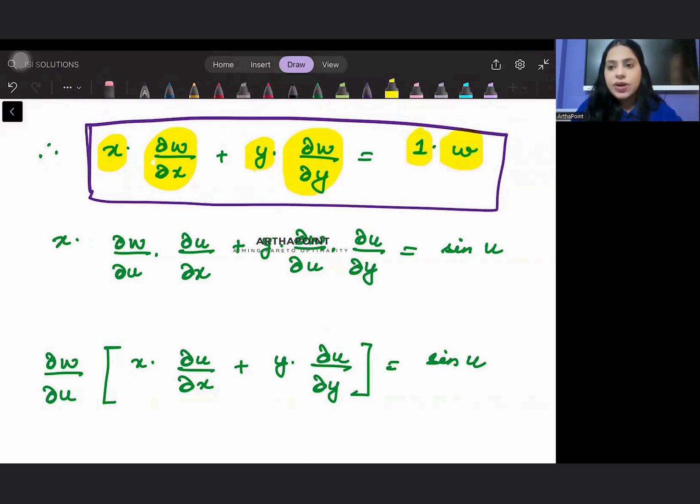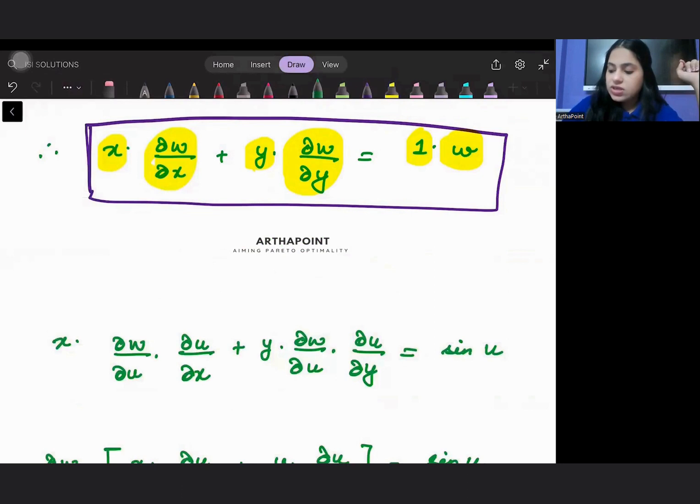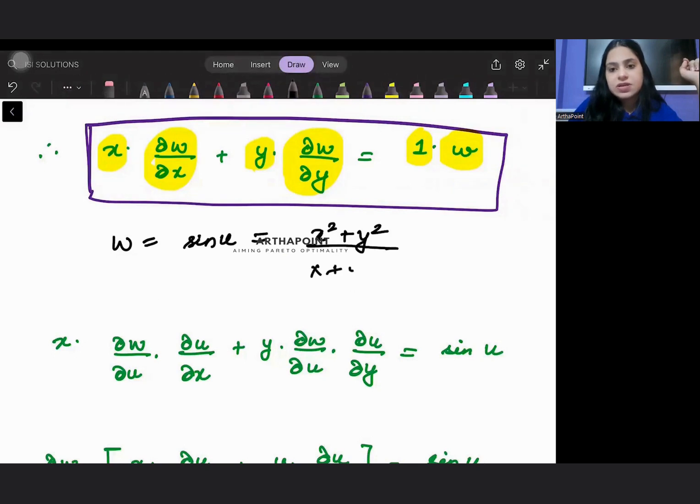Now I need to write this in terms of u again. If you remember, w is nothing but sine u, which was x square plus y square upon x plus y. So I can replace w back with sine u.